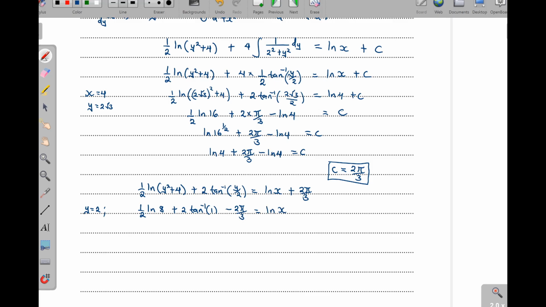Of x. Then we can say that this is a half, then the natural log of 8 plus 2 times, here we shall have pi over 4, arctan of 1, then minus 2 pi over 3, which is equal to the natural log of x.